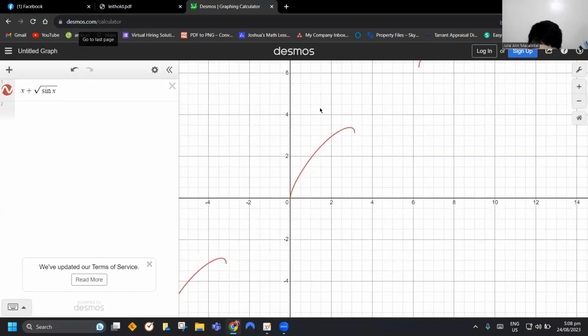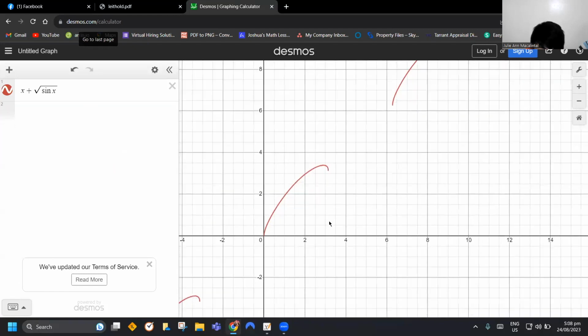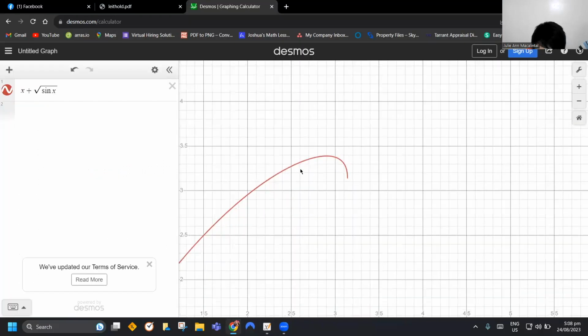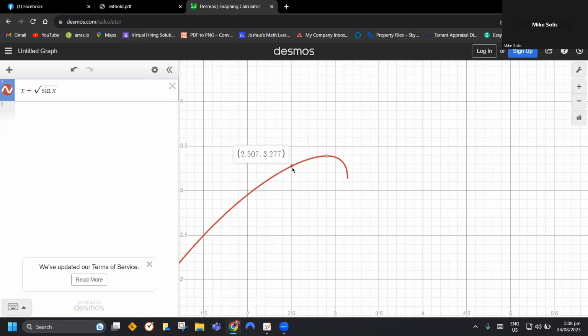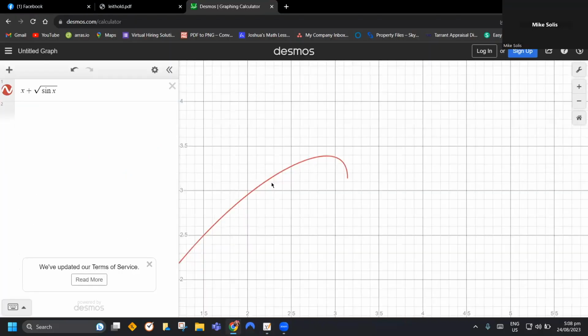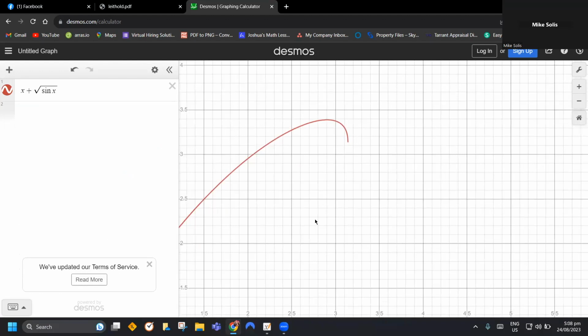Okay. So parang equals 3. Equals 2. Equals 3 pala. Sige. Hindi, graph mo y equals 3.